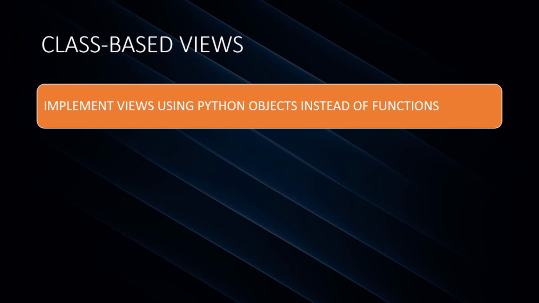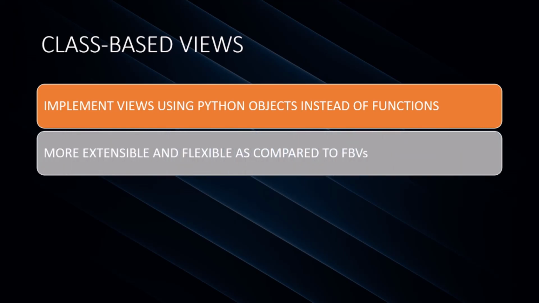Now, what's the advantage of using objects? Well, of course, they can be reused, right? This makes class-based views, therefore, more extensible and flexible when compared to function-based views or FBVs.